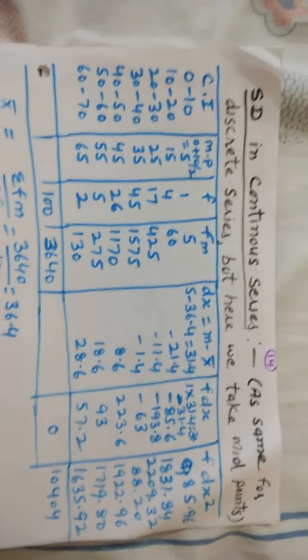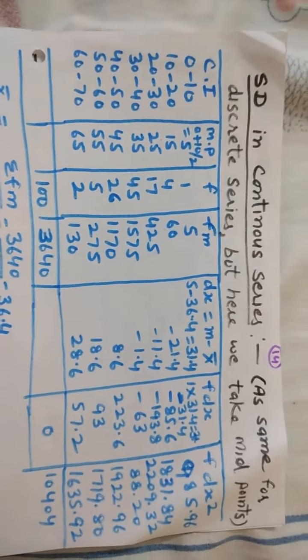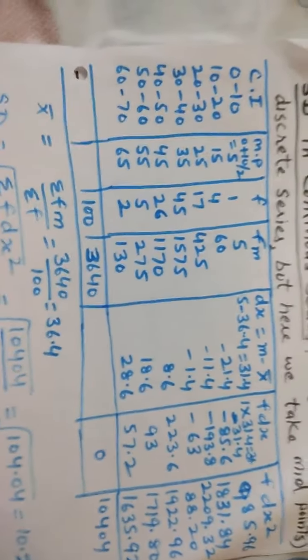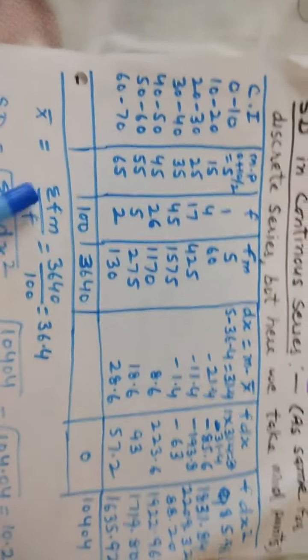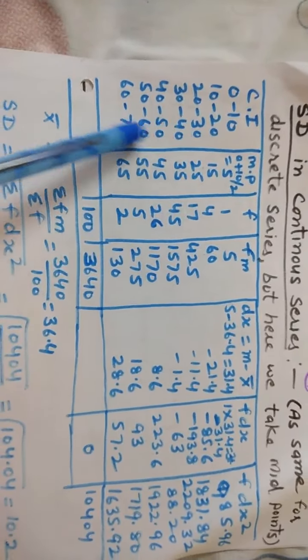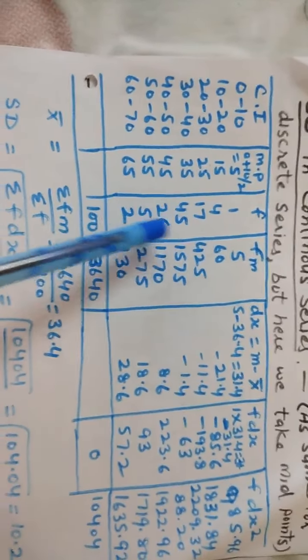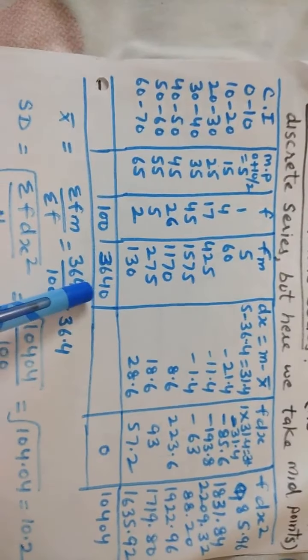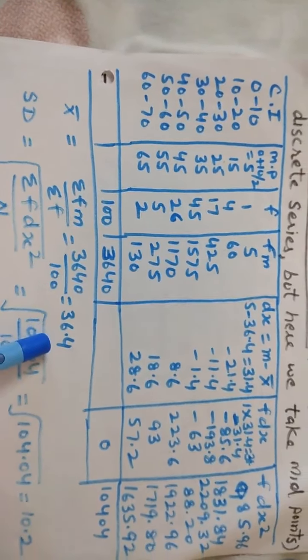Next is standard deviation in continuous series, same as for discrete series, but in this we get midpoint and other procedure is the same. This is class interval, take midpoint, frequency is given, multiply m with f for calculating mean. Mean is 36.4.